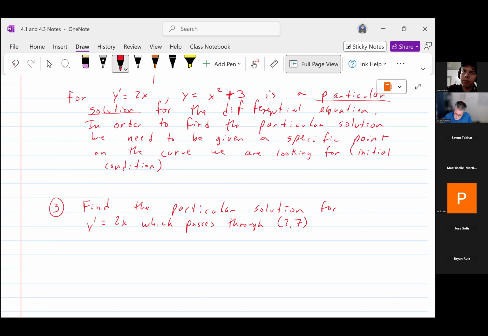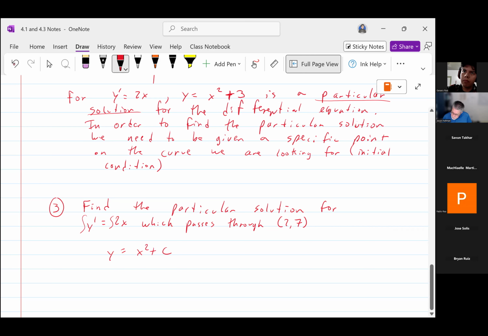So what was the solution to this? It was a family of curves. If we integrate 2x, the integral of 2x is x squared plus c.